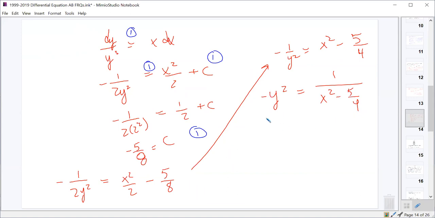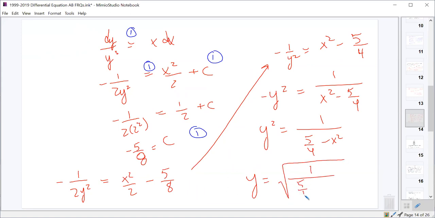Then you're going to divide by the negative, and get y equals the square root of 1 over 5/4 minus x squared. Then we have to decide if we want the positive or the negative. This time, based on our initial condition, we want the positive, and that's your fifth point. Any questions there on that?